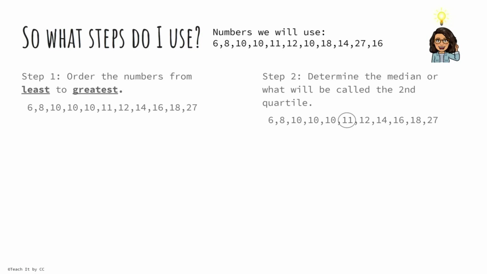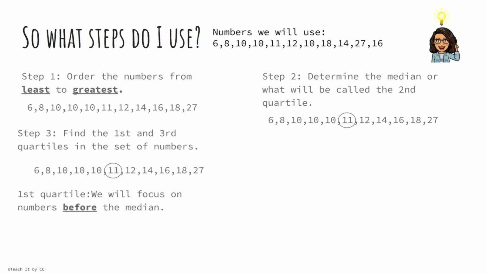Now that we found the second quartile, or median, we have to find the first and third quartiles in the set of numbers. So we'll be using, for the first quartile, the numbers before the median. So 6, 8, 10, 10, and 10. And with this set, what we want to do is find the median, or the middle of this set, which happens to be 10.